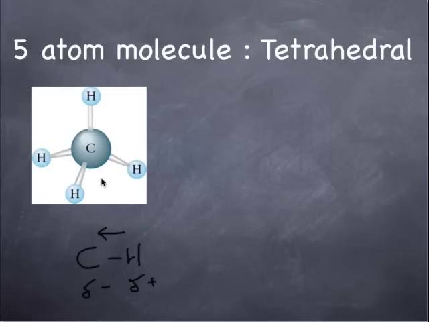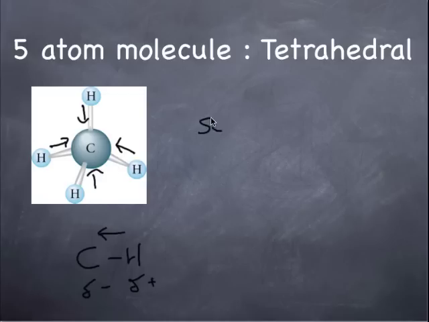So when we consider the carbon-hydrogen bond, we know that the carbon-hydrogen bond is, again, polar. Carbon is more electronegative than hydrogen, so it pulls the electrons towards it, giving the carbon a slightly negative charge. However, since the hydrogens are the same on all 4 sides, all the electrons are being pulled inside the atom evenly. So this is a really symmetrical molecule.